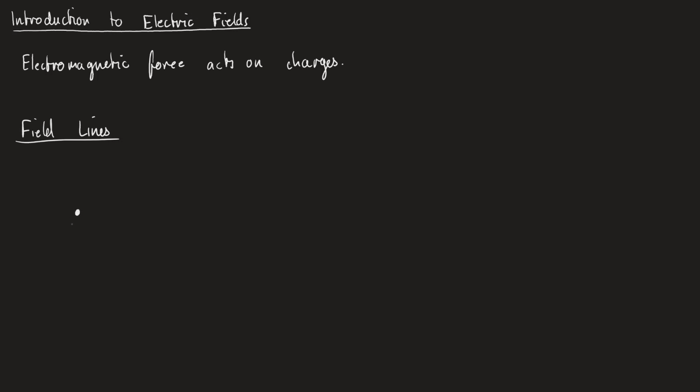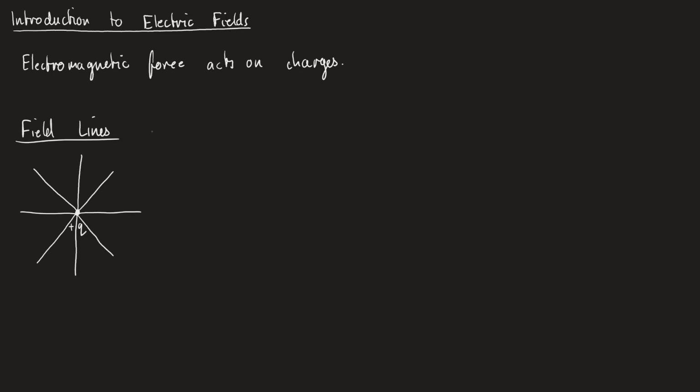Now the only difference here is this point charge can be either positively or negatively charged. So I'm going to say this is a plus Q, so this has a positive charge, and the radial field lines will follow a very similar type of shape. The problem now is, what direction do they point in? We said for gravitational field lines that they will always point in the direction of the force, which always goes towards the center.